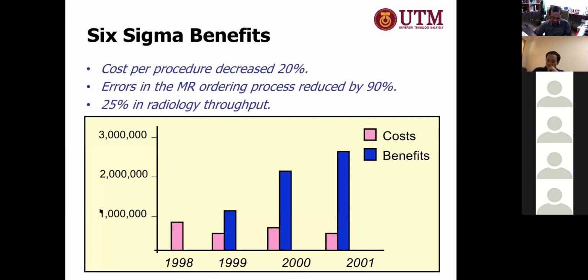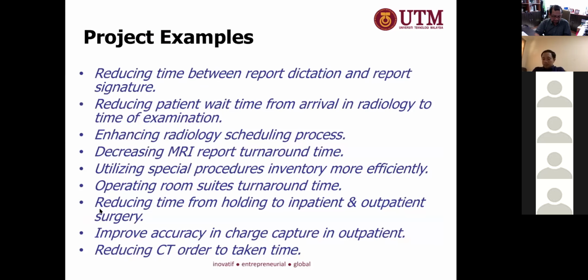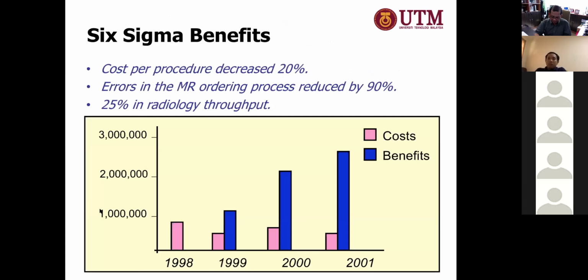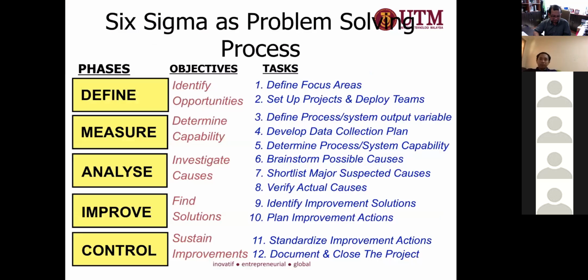As you see here, Six Sigma benefits show cost reduction. In this case, at the medical center, after they implemented Six Sigma, the benefit increased but the cost reduced. So this is a good thing for the management.